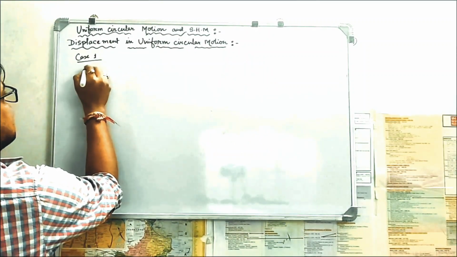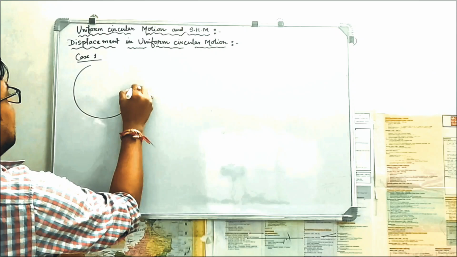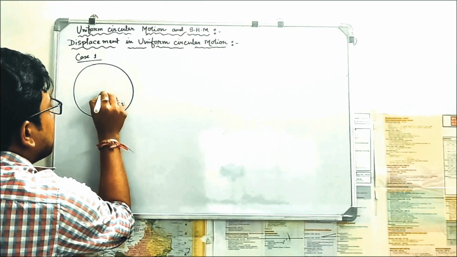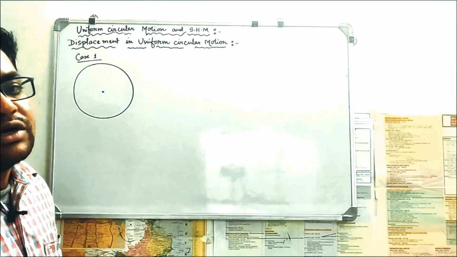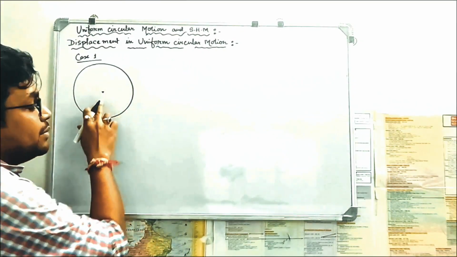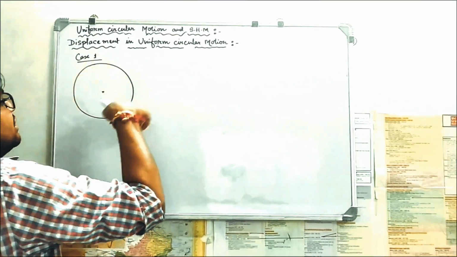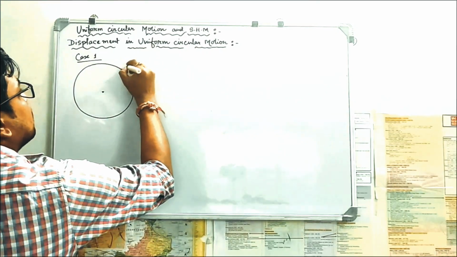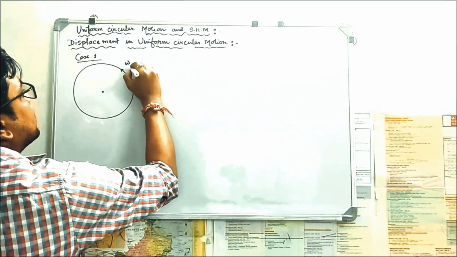If an object or particle is rotating with respect to a central point, that central point is considered the mean position. With respect to the mean position, the object is rotating in a circular motion with an angular velocity omega.